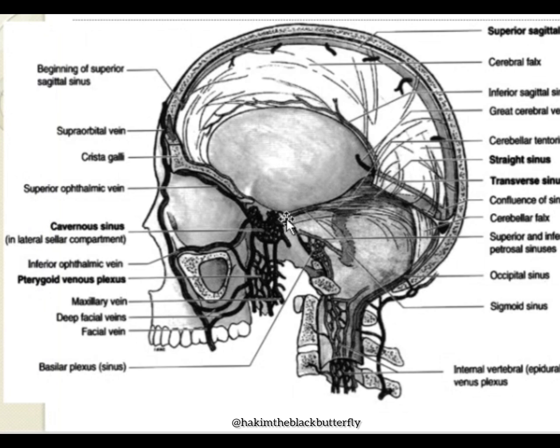This one. And then there's another one between the cavernous sinus and the sigmoid sinus. So what do they call this? And what do they call this? Superior petrosal sinus. And this one? Inferior petrosal sinus.